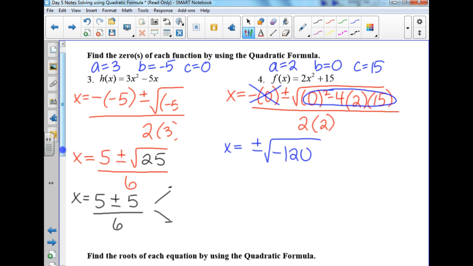Negative 120 over 4. So what do I do with that negative? You take it out and it becomes what? An i. So I'm going to write over here, plus or minus i square root 120 divided by 4.